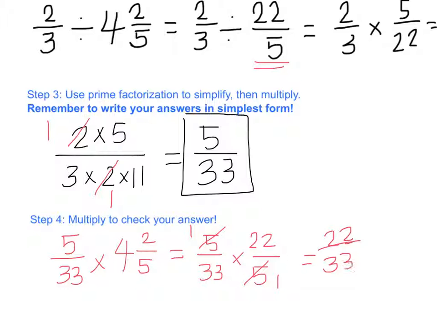Good. Can I simplify 22 over 33? Yes. What does that simplify to? Is that the answer I wanted? Could I put a check mark? Good. So because our answer is the same as the dividend that we started with, we know that our answer is correct. Okay?